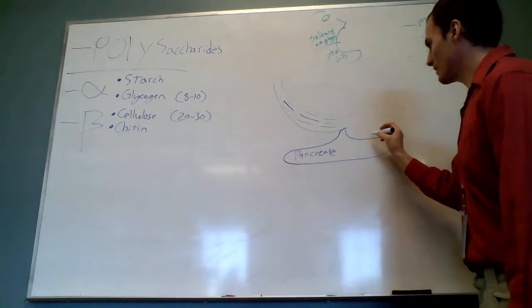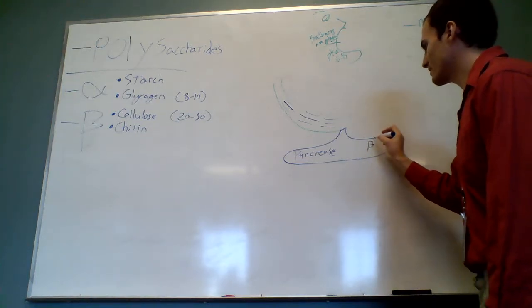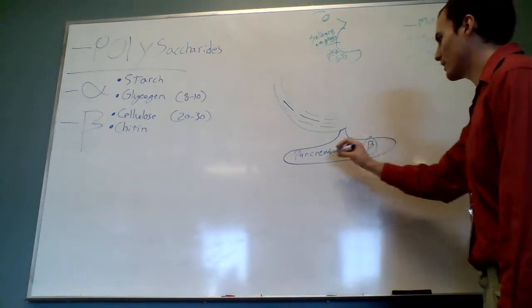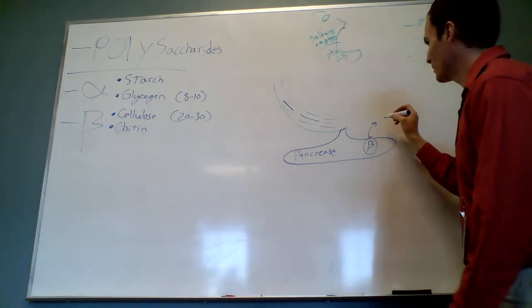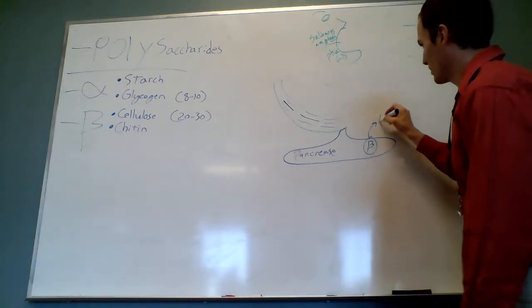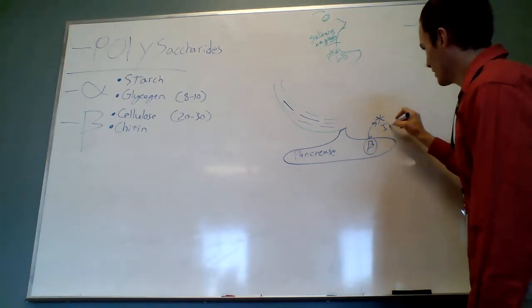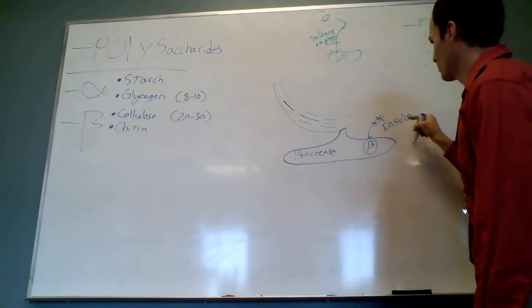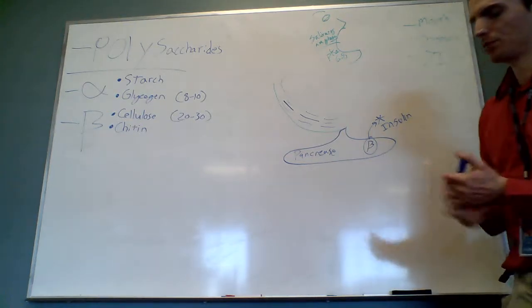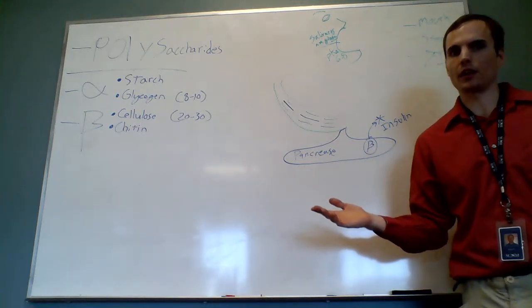And so it's going to put out insulin. There's something called a beta cell inside the pancreas, and that is what makes insulin. Insulin goes into the bloodstream, and I'm going to make it a star here. Insulin is a hormone, a blood-borne hormone. And so hormones talk to things, that's what they do.